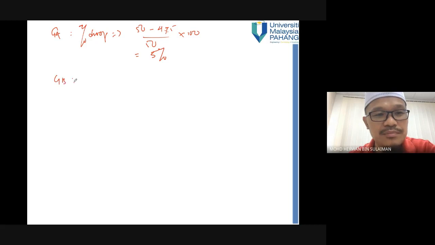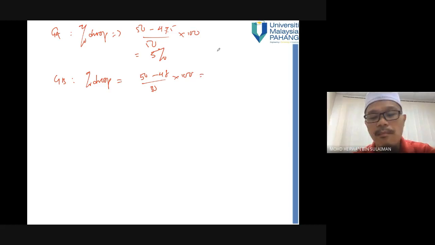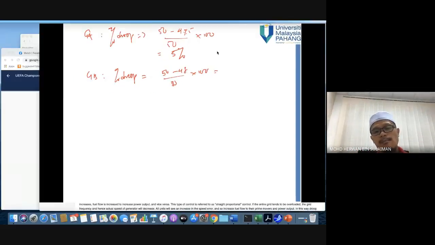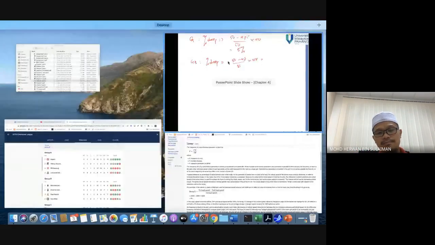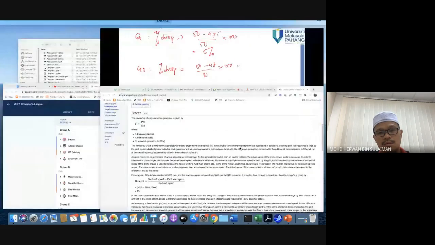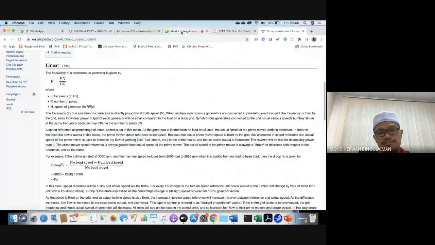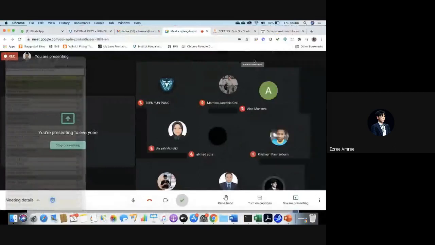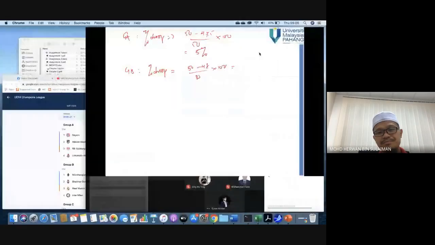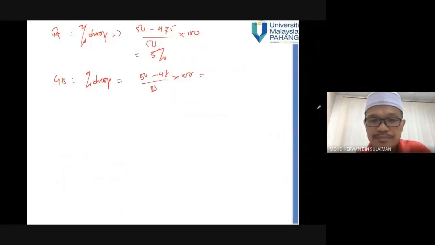And for GB, the droop is 50 minus 48 divided by 50 times 100. So this one is 4. Okay, so this one is 4%.